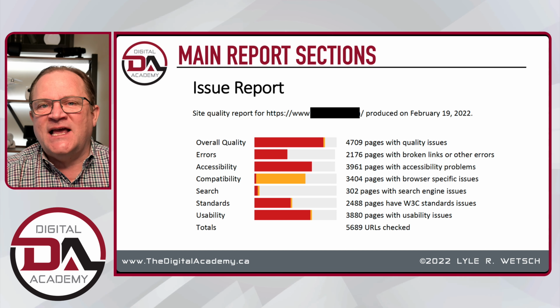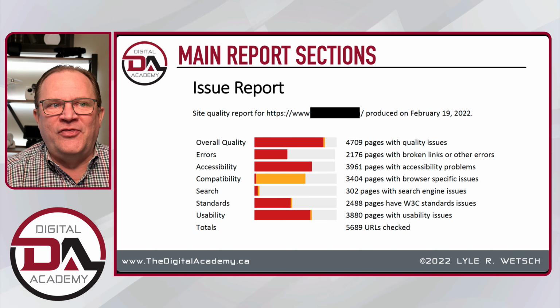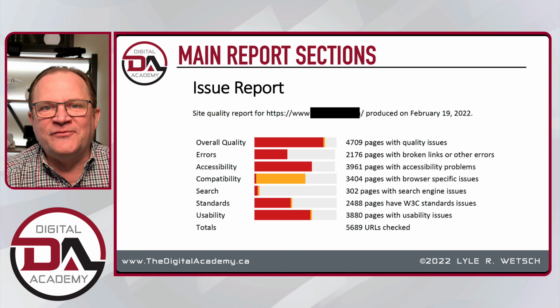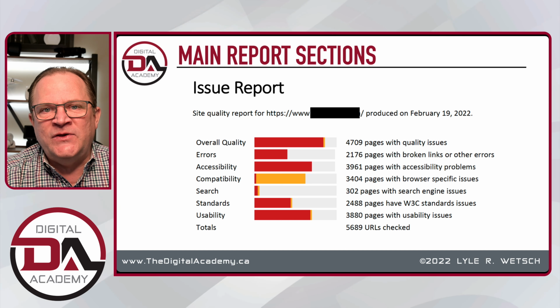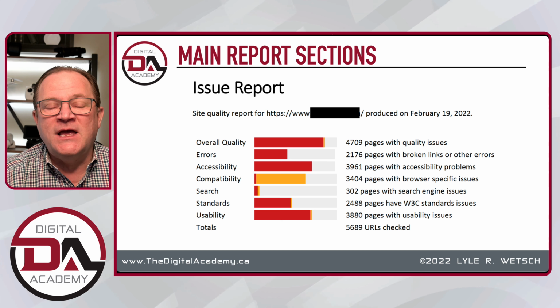However, if it's telling you that you've got an issue with Firefox, then if you've got a significant number of users that are using Firefox, that's going to be a challenge and one that you want to address.